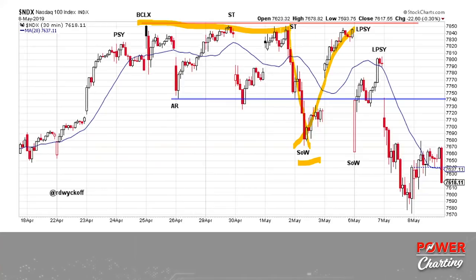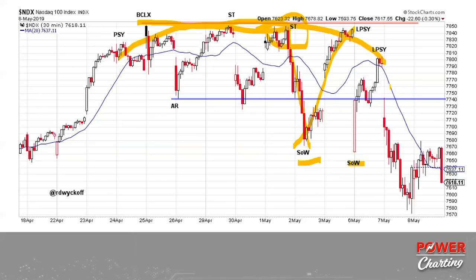This was a lower high here. This is a lower high, and then a sharp break with a gap that is another sign of weakness, and then a rally back in to a lower high, LPSY. And we were of the mind that we might have a much bigger point and figure count available to us if the distribution continued to unfold.